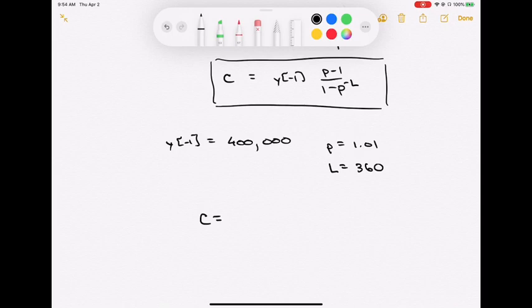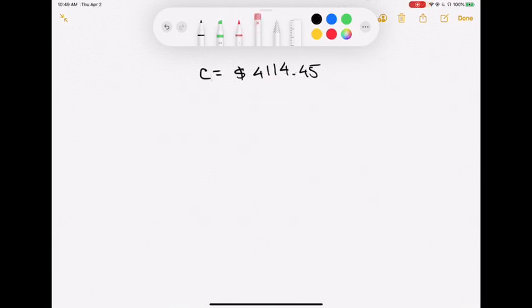I'm going to take that from 1, and I get a number, and then I'm going to have 0.01, dividing that, and I'm going to take 1 over that, and take that times the loan balance, something like that. And what do I get here? I get my payment as being $4,114.45.